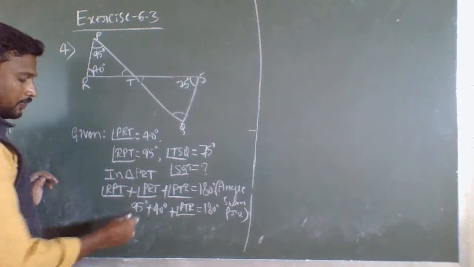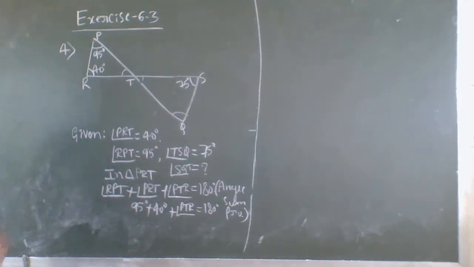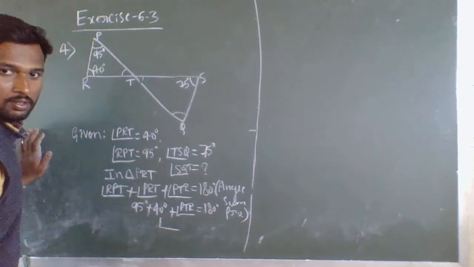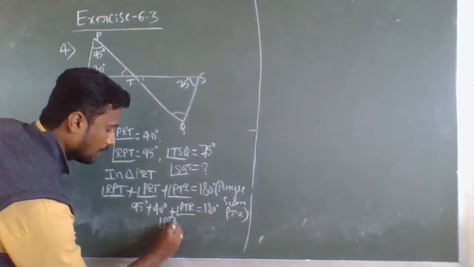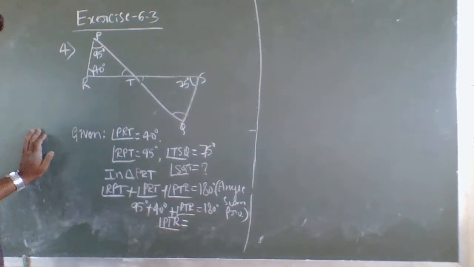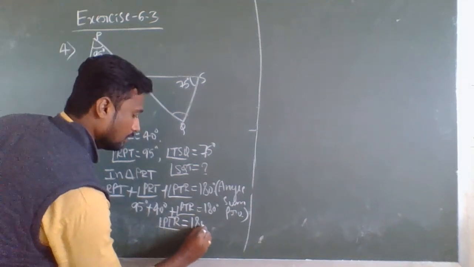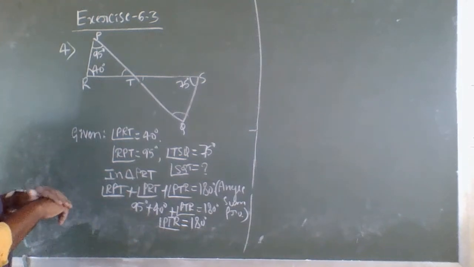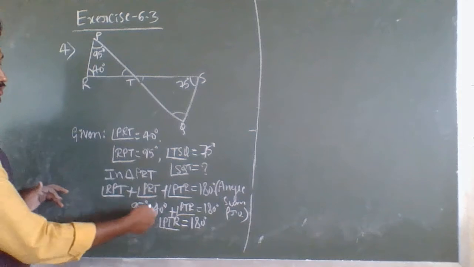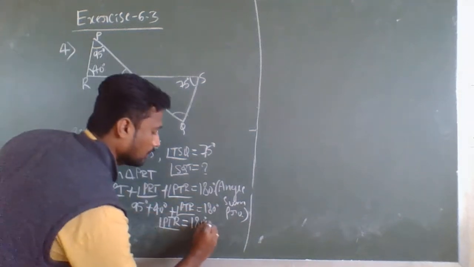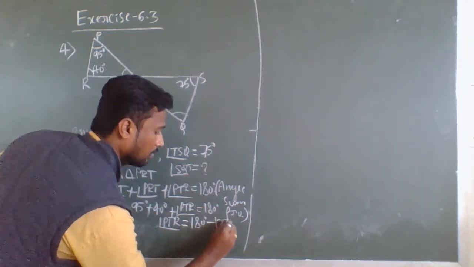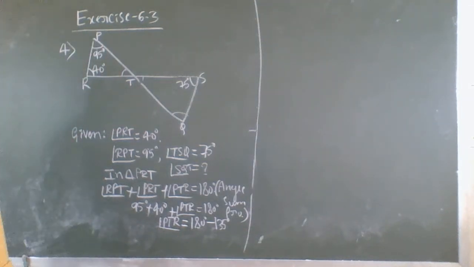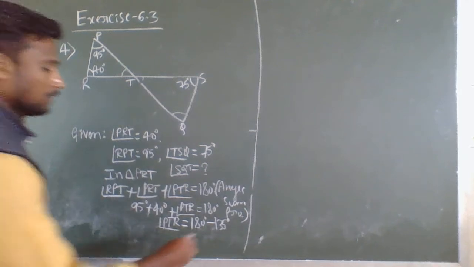Now 95 plus 40 means 135. Therefore angle PTR is equal to 180, and I move this 135 to the other side, so it is minus 135 degree. 180 minus 135 is 45 degree.